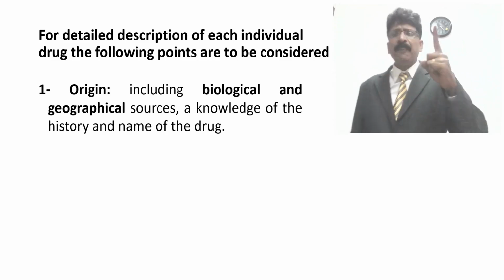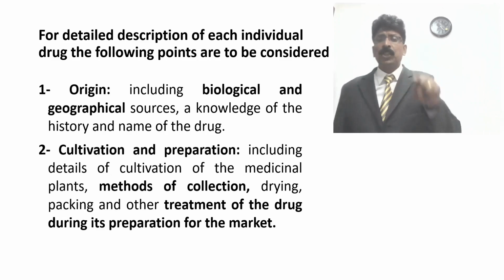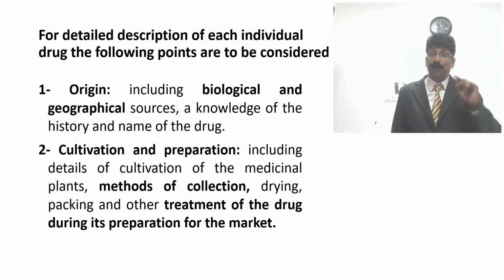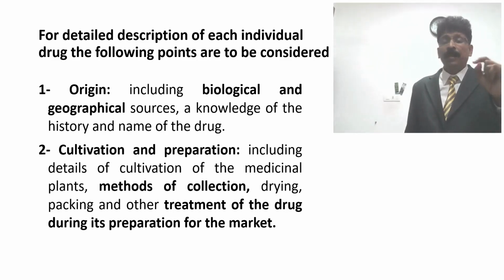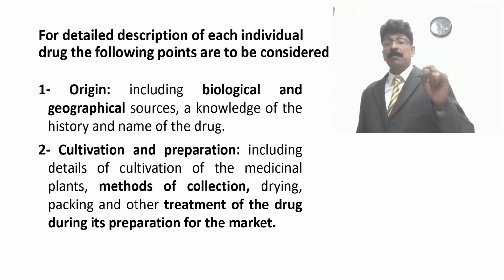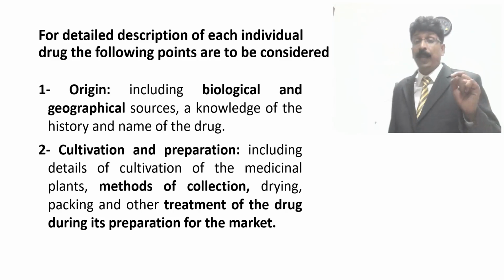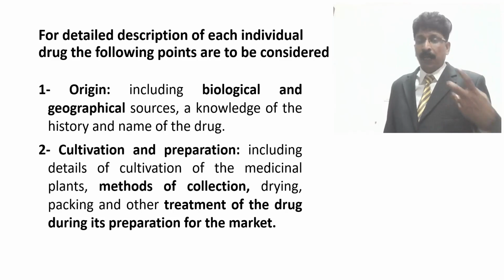First they will give you the origin, including biological and botanical source, and geographical source: whether it is obtained from Africa, India, Asia or Europe. All these things will be mentioned very clearly. Origin and cultivation: whether it is a wild plant existing in that particular geographical place.